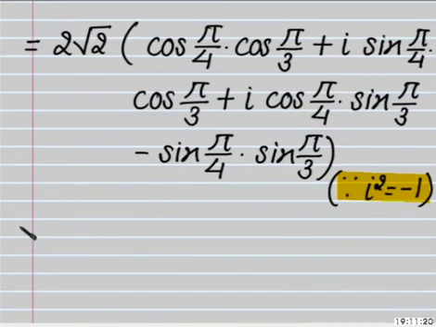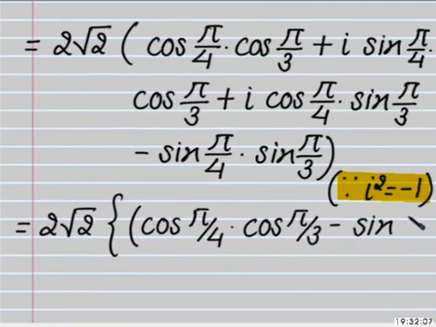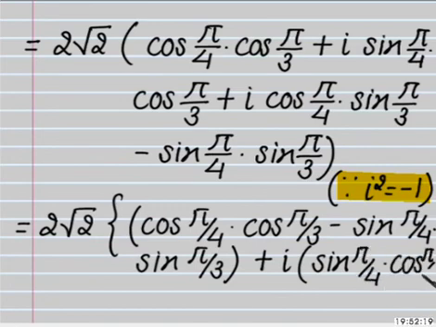So we can write it as 2 into square root 2 multiplied by cos pi by 4 into cos pi by 3 minus sin pi by 4 into sin pi by 3 plus iota into sin pi by 4 into cos pi by 3 plus cos pi by 4 into sin pi by 3.